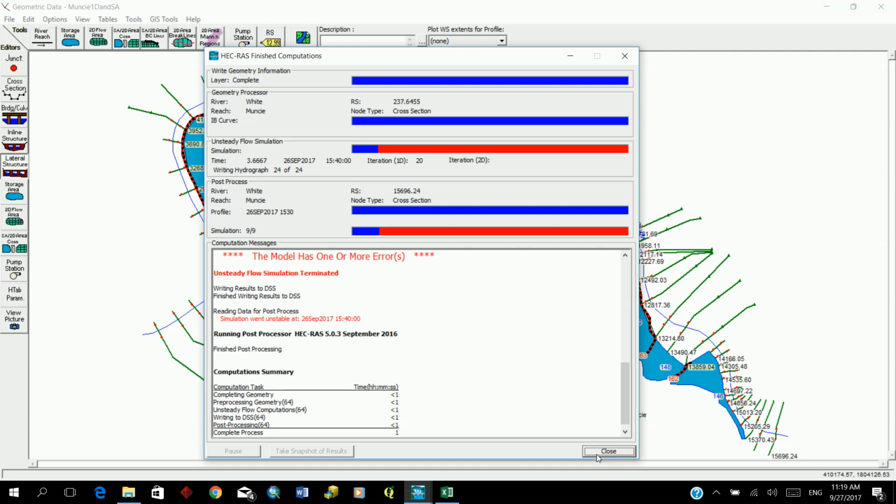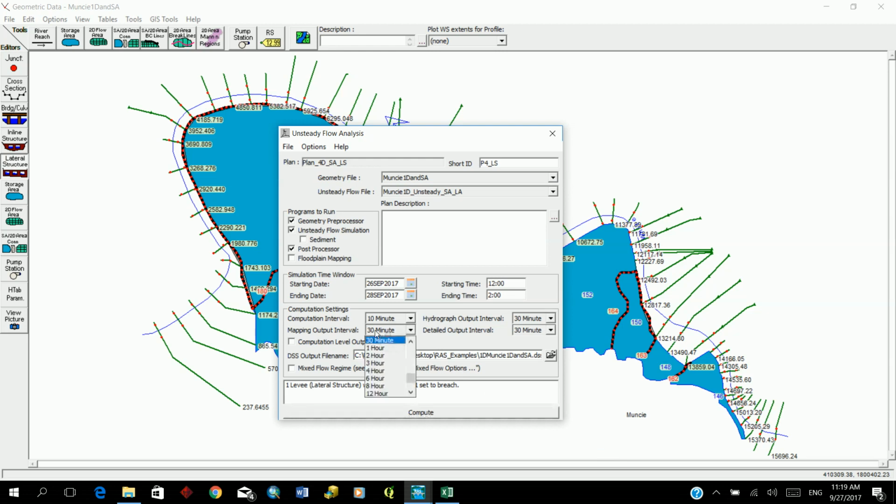Yes, you have this, we changed it to 2 minutes. 2 minutes. The computational time. So you close this, and then here you put 2 minutes. Oh, sorry. This one? No. That one. This one. The first one, yes. 2 minutes. And compute.